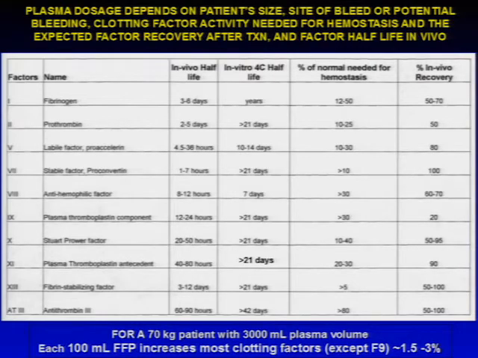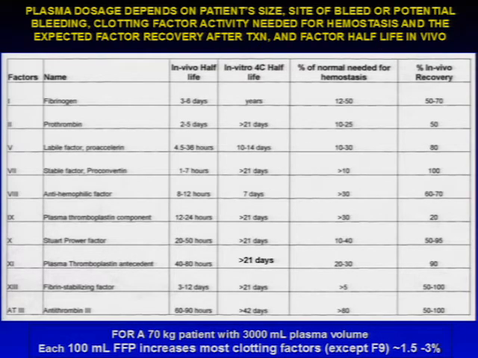I would also mention a couple of things from this slide here. Remember, factor 7 has the shortest half-life of all the procoagulants, about 5 to 6 hours. So sometimes, if you're going to give FFP or factor or plasma the night before a procedure, 6 hours later a lot of this factor 7 is going to be disseminating, not necessarily evaporating, but diffusing away and being degraded, and so you're not going to get a whole lot of effect from it.